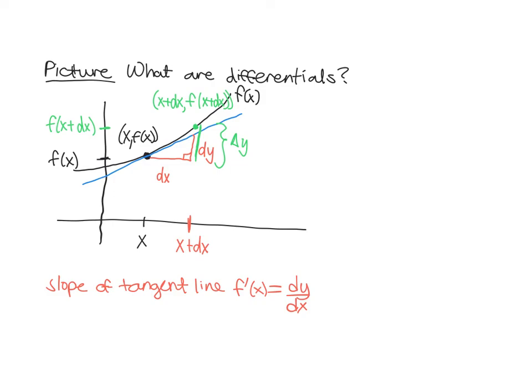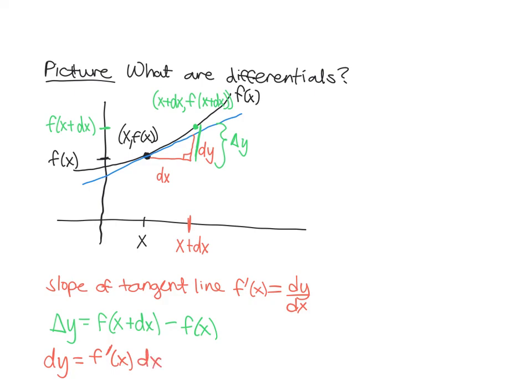All right, so we can figure out what delta y is now. We just do the top, f of x plus dx, minus the bottom value, which is f of x. So we have some value for delta y. We also know what dy is, our differential. dy, just from our definition, is f prime of x times the differential dx.